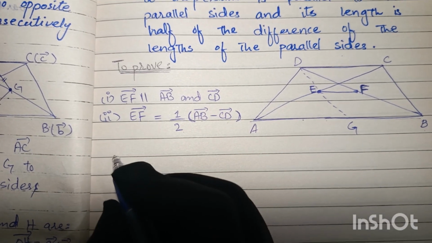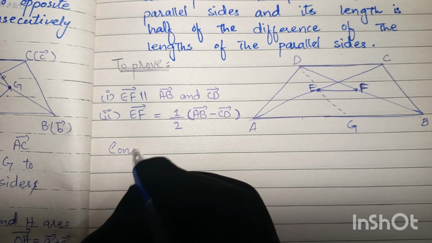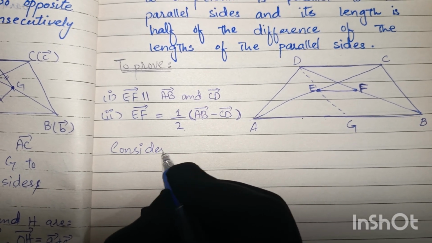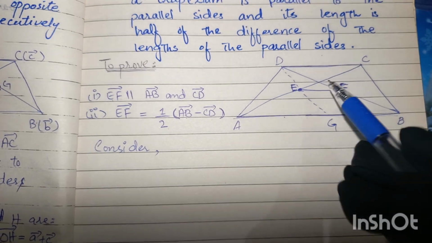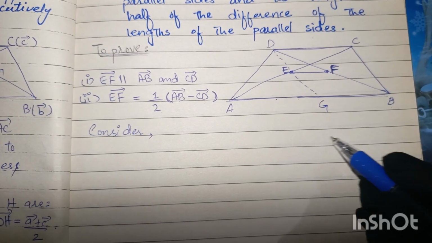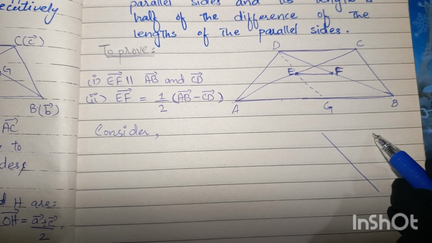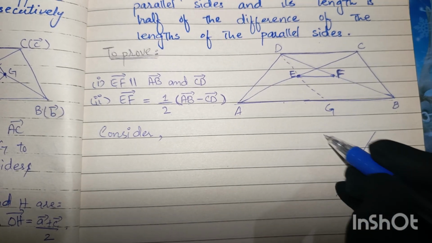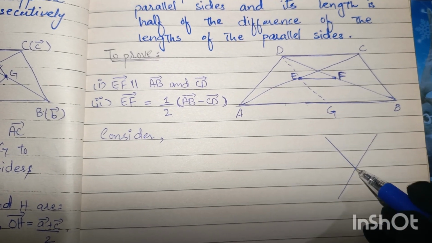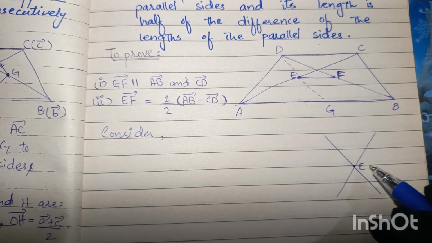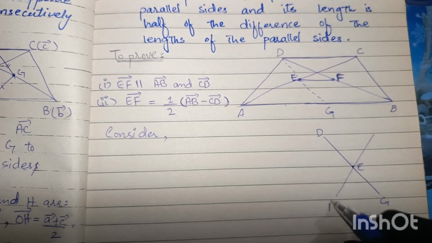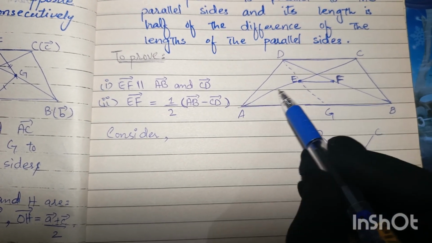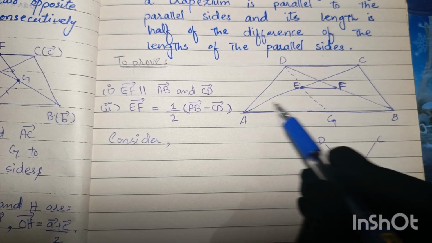So first of all, consider this small part of the diagram, which is like this. Here is point E, G, D, A, and C. So I have drawn this part.